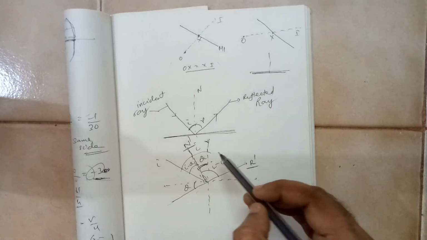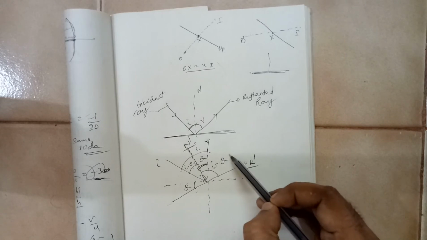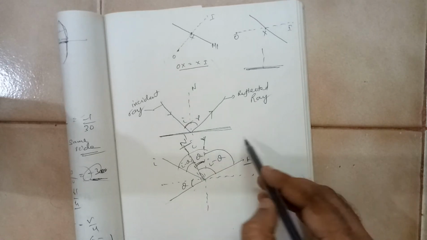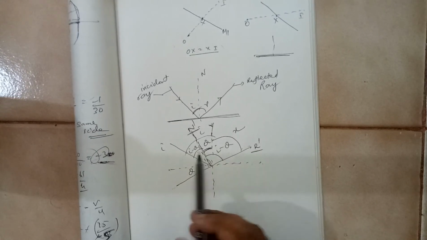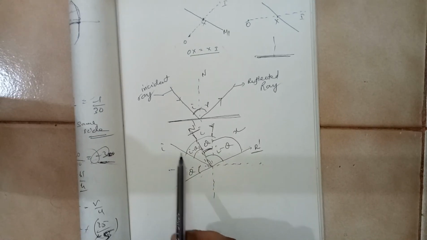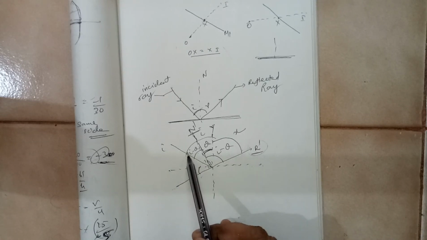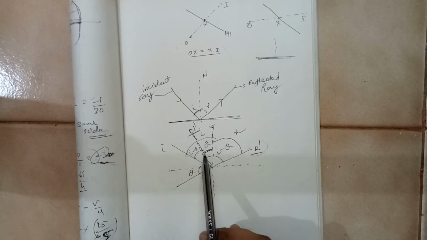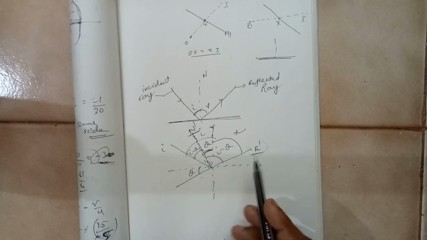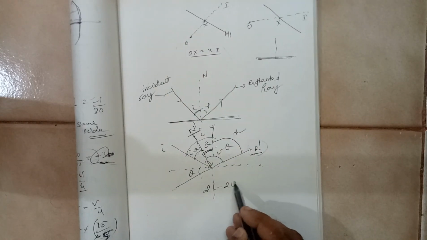We are trying to find out the angle between the y axis and the reflected ray. Let us say it is x. The reference now is the incident ray and R dash. This total angle from I to N dash is I minus theta, and N dash to R dash is I minus theta. So the total is 2I minus 2 theta.